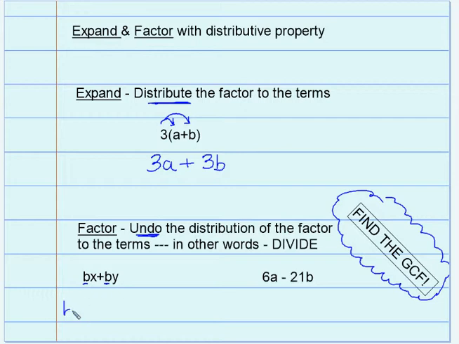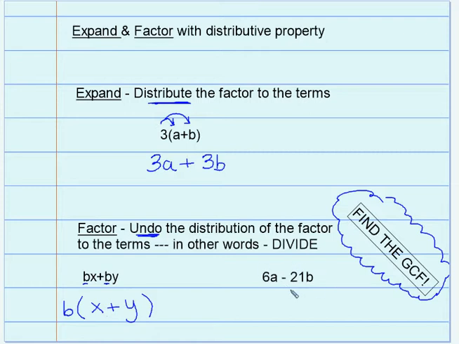So we'll put the b on the outside of the parentheses and then divide both of these terms by that b. When I divide bx by b, I get just x, and when I divide by by b, I get just y. And you can check this because if you were to distribute that b in, if we were to go up here and draw those arrows, we would get b times x plus b times y, which is what we started with.